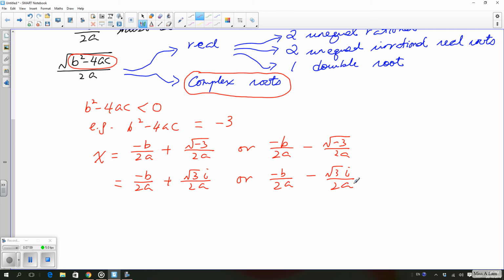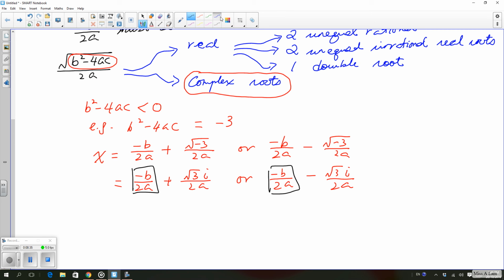Now, you can see that in this case, we have two complex roots. It means the complex roots come in pairs. And these pairs have a particular characteristic. Let us look at it again. If you look at these two complex roots, you can see that the real parts are the same.